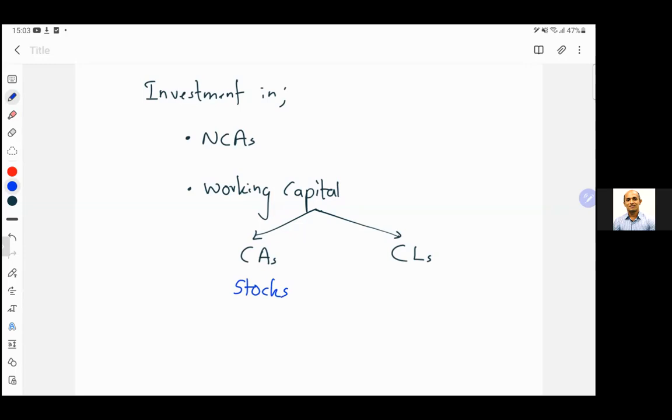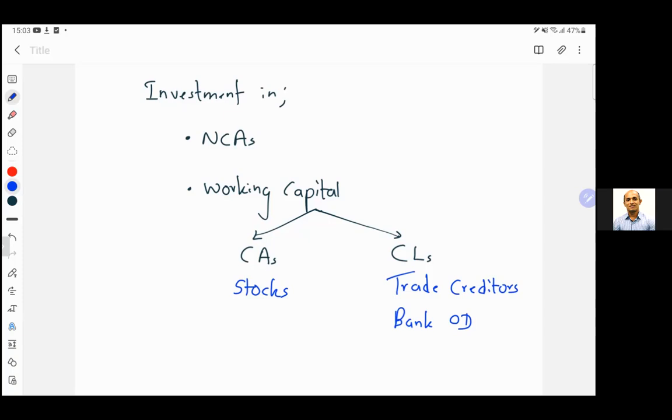When you buy stocks on credit, you have trade creditors, which are current liabilities. If the suppliers won't give you credit, then you have to go for short-term financing, like bank overdraft. Bank overdraft is a current liability.